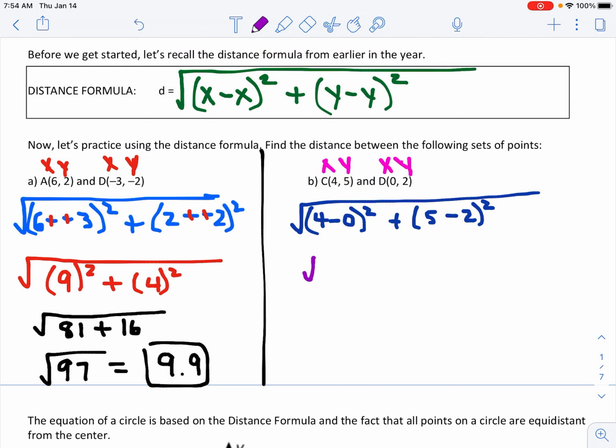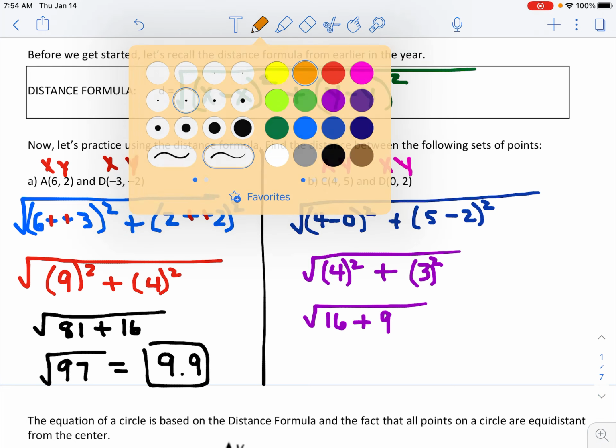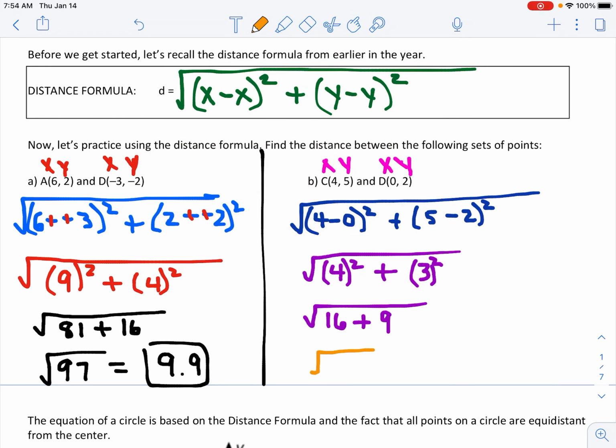Let's clean it up. 4 minus 0 gives us 4 squared, plus 5 minus 2 gives us 3 squared. 4 squared is 16, 16 plus 3 squared is 9. So 16 plus 9 gives the square root of 25, and we know that is a perfect square, so that gives us 5 for our answer.